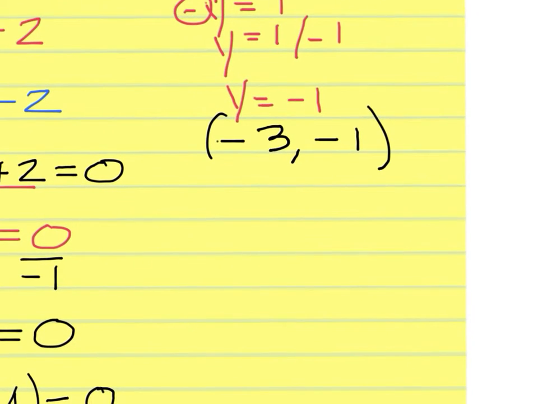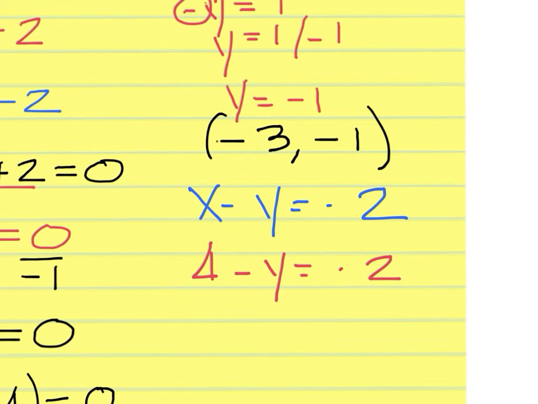So x minus y equals a -2 has to be done again. And this time you're going to use the positive 4 that we had for a solution for x. So 4 minus y equals -2. Negative y equals -2 minus 4.